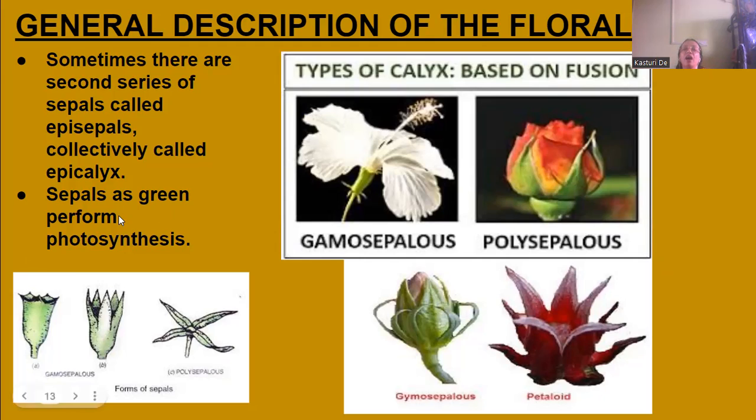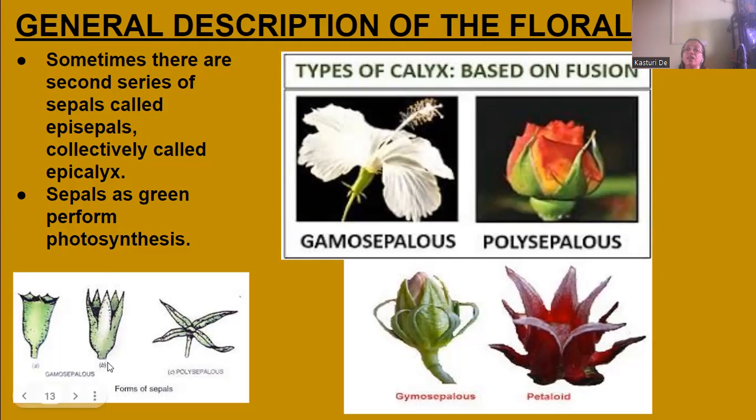Then, as the sepals are green, they perform photosynthesis. Okay, as the sepals are green, they perform photosynthesis. That is the main function. Like here, they are gamosepalous. The sepals are totally fused. Here, some portion is fused, but the upper portion is free.